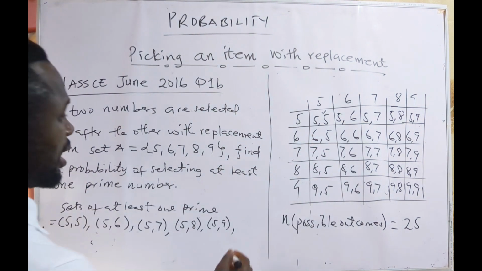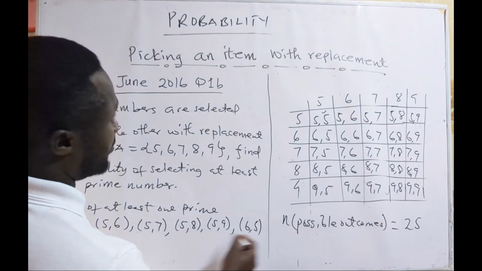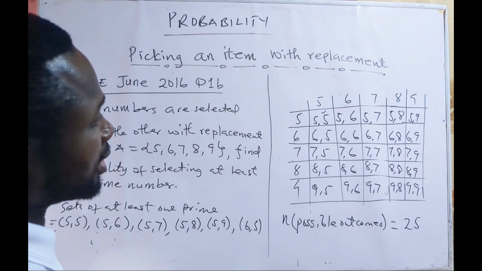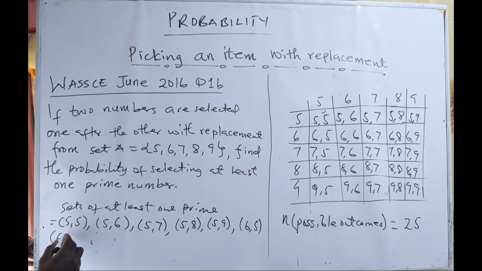6, 5 is also there. 6, 6, we cannot see any prime number, so it's not included. 6, 7, 7 is a prime number.